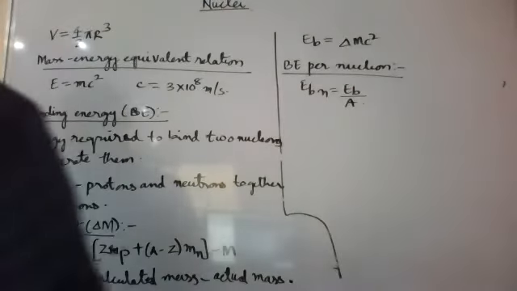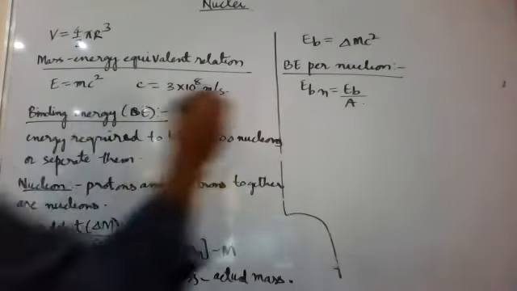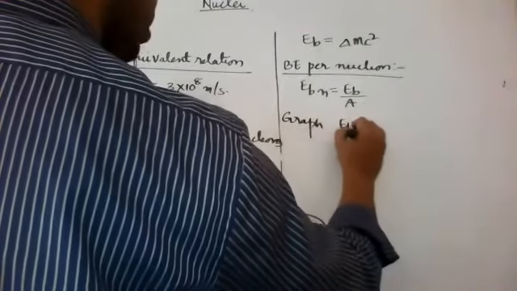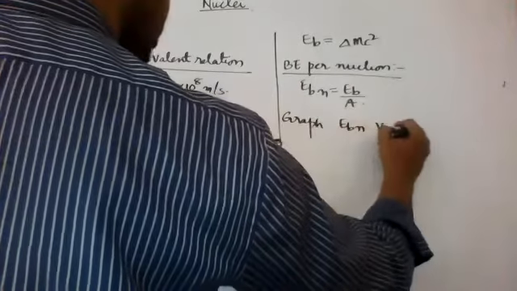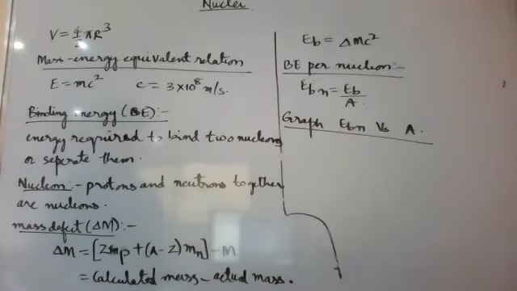Next, there is a graph, binding energy per nucleon versus mass number. When you look at that graph, we have two main features.